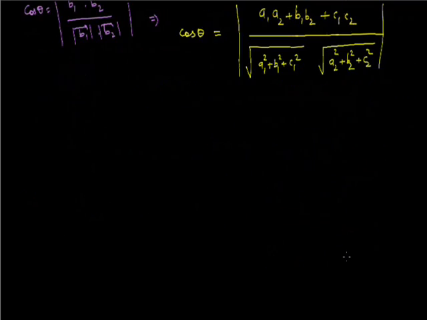Now using this formula in Cartesian form, let's calculate the value of sin theta. We know that sin theta is equal to under root 1 minus cos square theta.